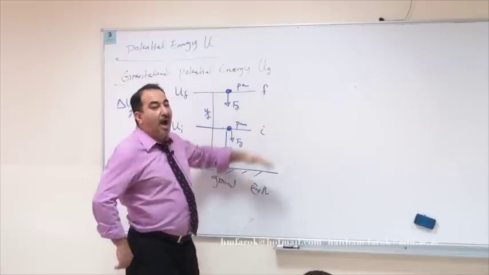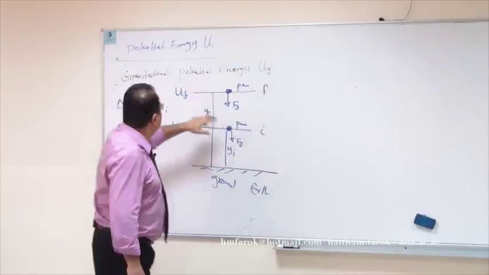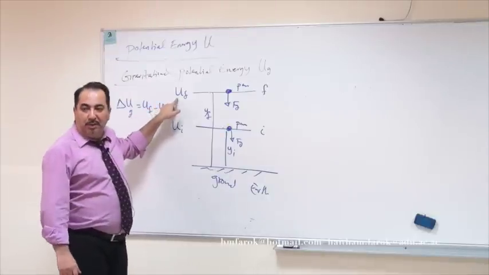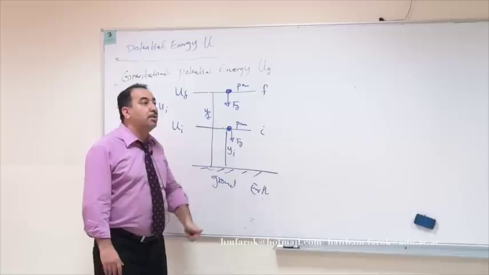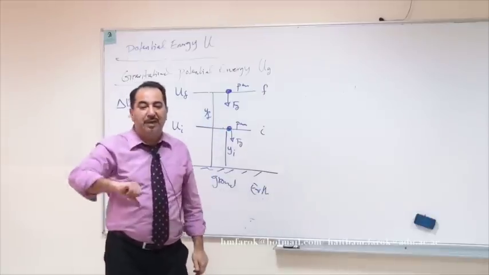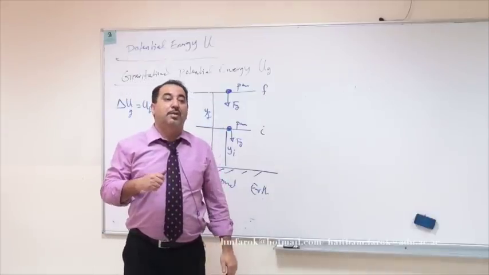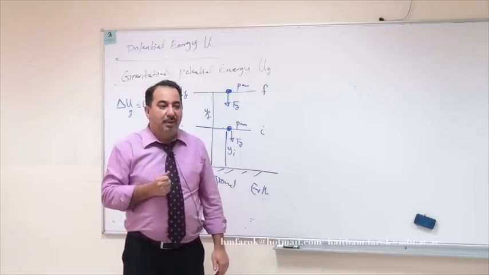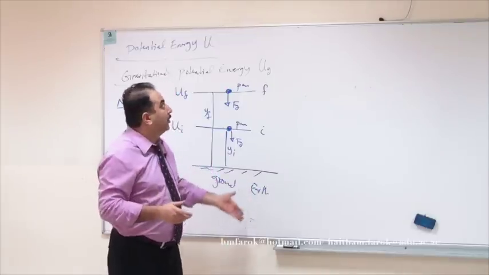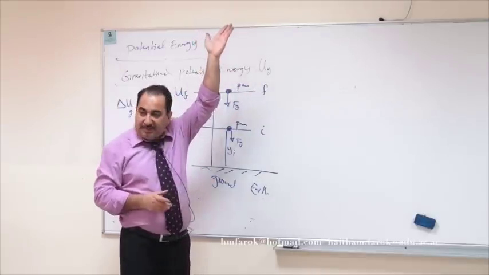So the higher you get, you are increasing what? Potential, okay? But here, when you go up, you go against gravity or with gravity? So who is losing? No, but when you go up, potential increases.